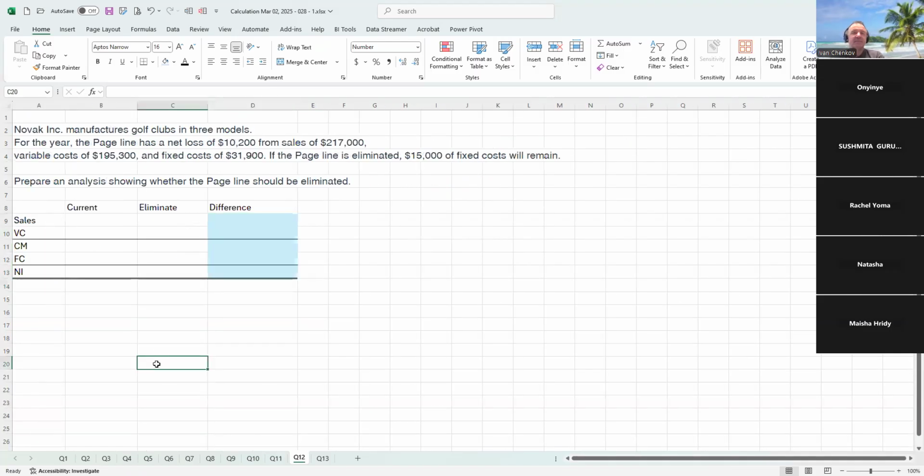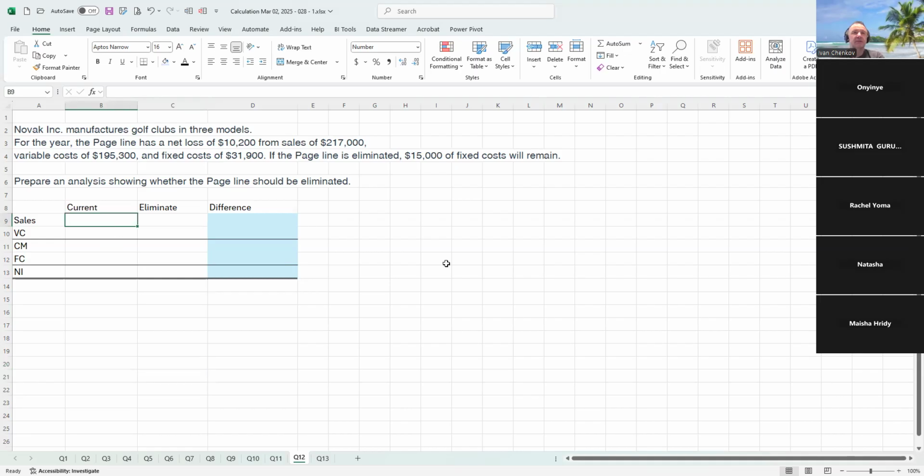Let's go to the next one. This company manufactures golf clubs in 3 models. For the year, the product line has a net loss of 10,200 from sales of 217,000.